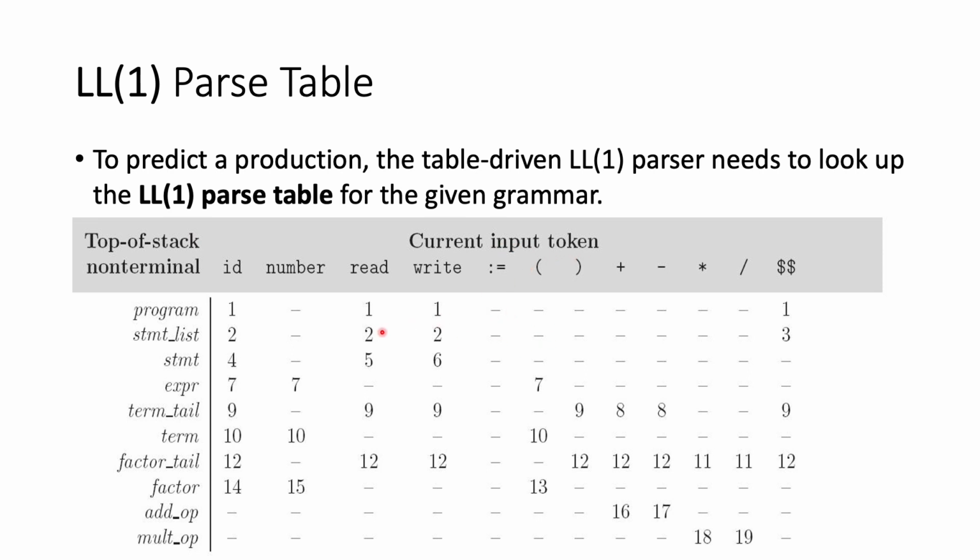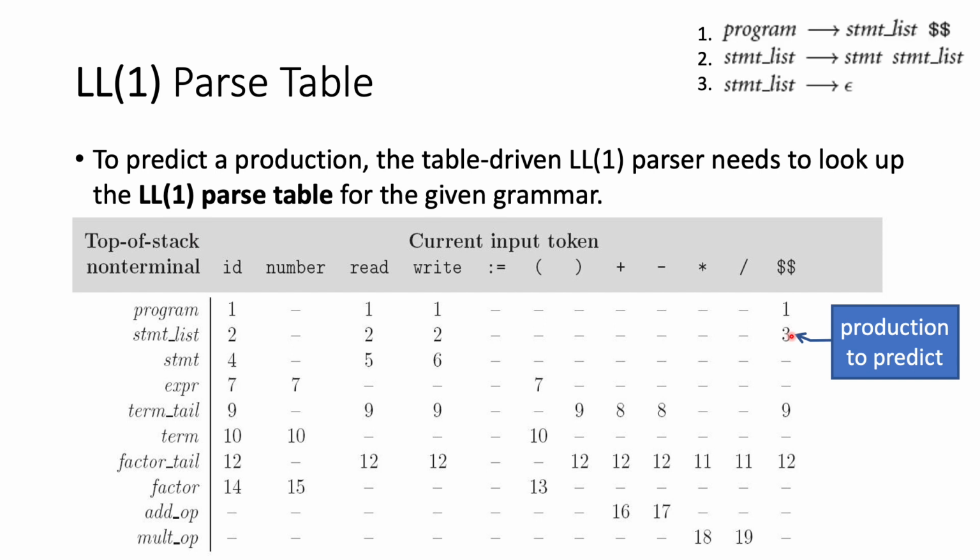For example, here is the LL1 parse table for the calculator grammar. The table entries indicate the production to predict, where the productions are numbered from 1 to 19.